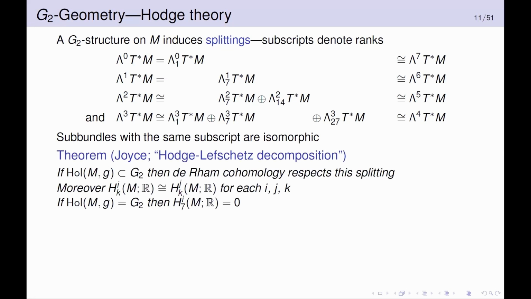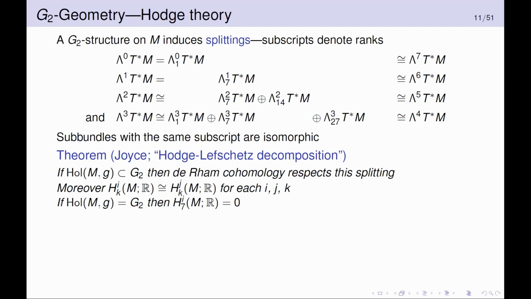Now comes a little theorem by Joyce. You could call it a Hodge-Lefschetz decomposition. It says, first of all, that the de Rham cohomology respects the splitting on a G2 holonomy manifold. And second, and that's more interesting, if you have cohomology groups with the same subscript k, for example, you see for k equal to 7 there's quite a lot going on, then the corresponding cohomology groups are isomorphic.